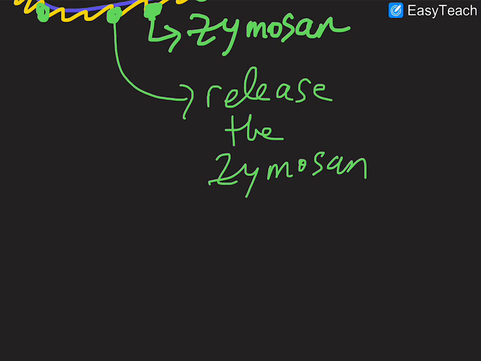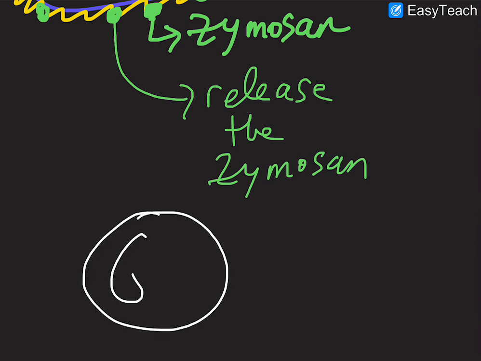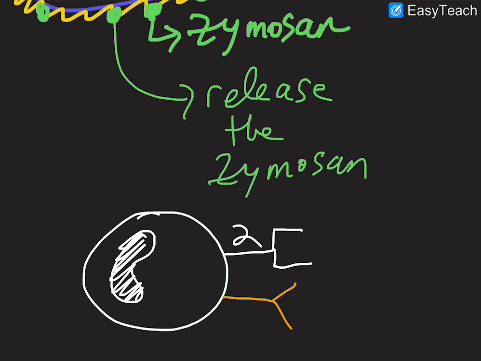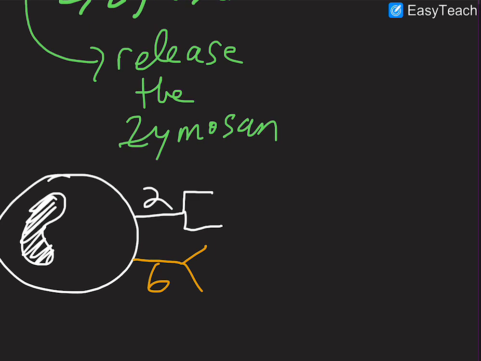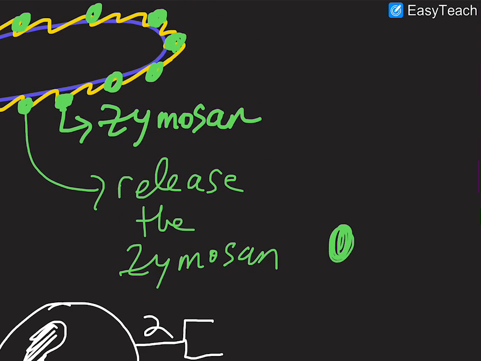If we have macrophages there in our oral mucosa, they're going to recognize it. So let's say we have a toll-like receptor 2 like that, and a toll-like receptor 6 like that. This is toll-like receptor 2, and this orange one is toll-like receptor 6. Zymosin is this green color that we drew.